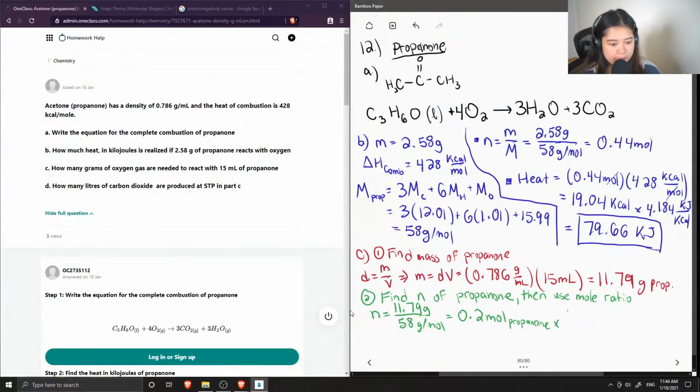We know that 4 moles of O2 is needed to react with 1 mole of propanone. So we just need to multiply 0.2 by 4, and we end up with 0.813 moles of oxygen.